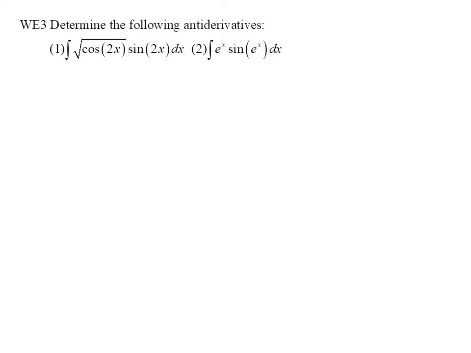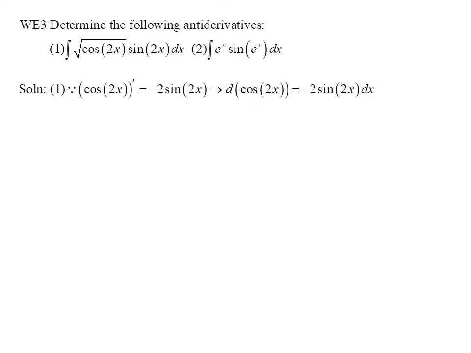Example 3 is to find two antiderivatives. As for the first antiderivative, since the differentiation of cosine 2x equals negative 2 sine 2x, d cosine 2x equals negative 2 sine 2x dx.